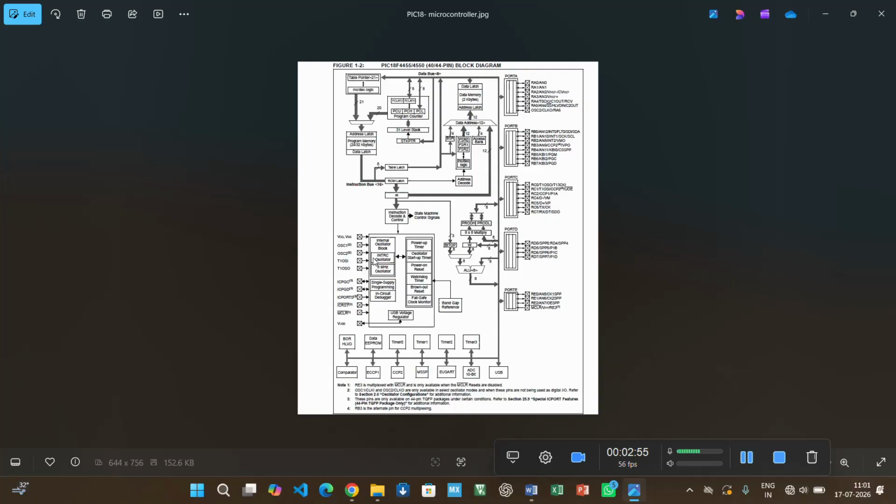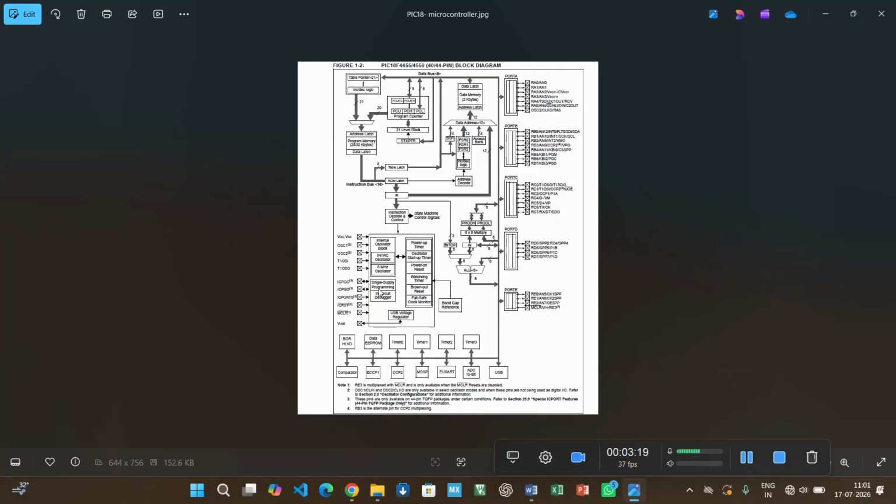In this internal oscillator block, the internal oscillator block is present, which gives oscillator circuitry 1 and oscillator circuitry 2. Then timer oscillator 1, timer oscillator 2. So 8 megahertz oscillations and internal oscillations, all these things are given as oscillator circuits.